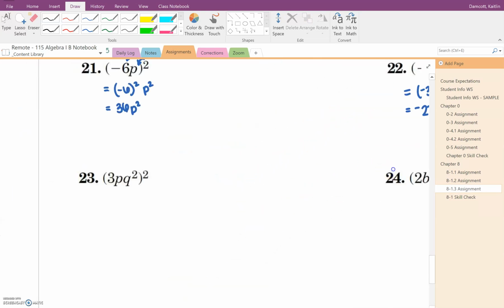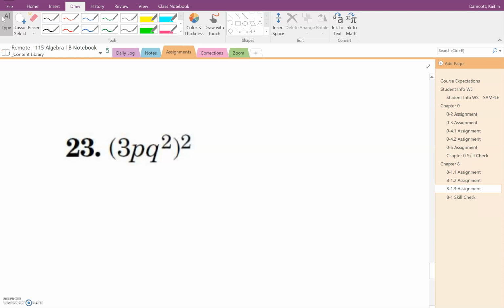All right, on to 23. This one has 3 factors inside of the parentheses. It's got a 3, a p, and a q squared. So we are going to distribute the exponent to all 3 of these things. So we've got 3 squared, p squared, and q squared squared.